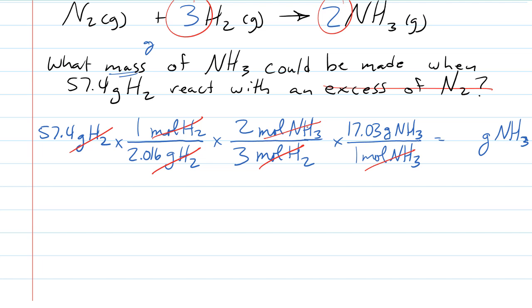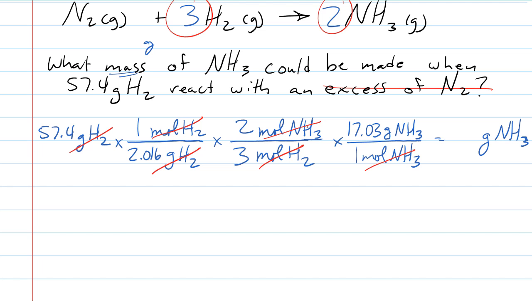Remember that what we do is we multiply everything together that appears on the top. We divide by each of the values that appear on the bottom. So we'll take 57.4 divided by 2.016, multiply by 2 divided by 3, then multiply again by 17.03.